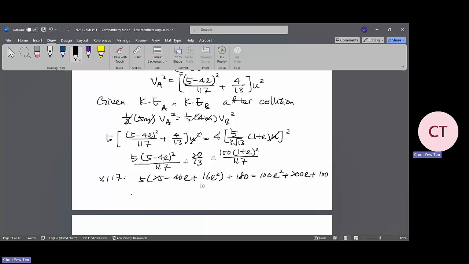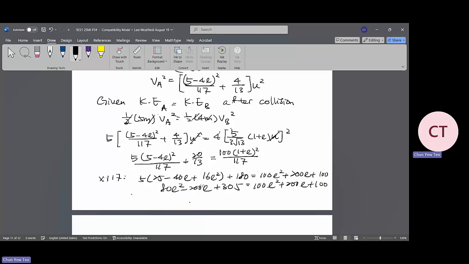So you will get 80E squared minus 200E and then 125. 305 is equal to 100E squared plus 200E plus 100.